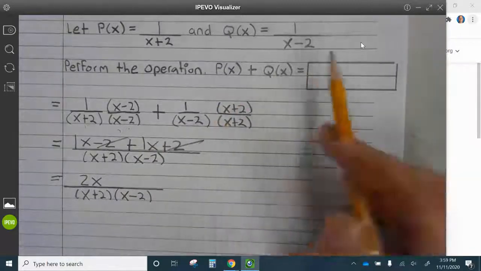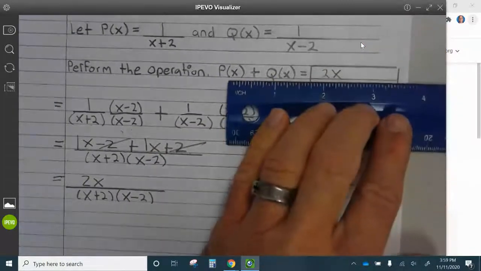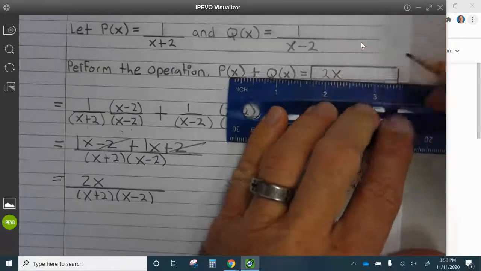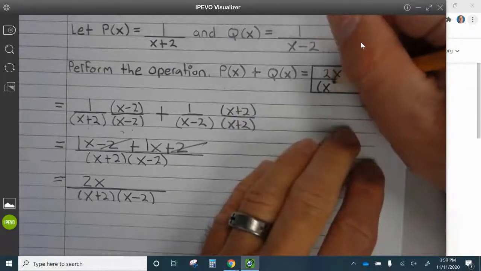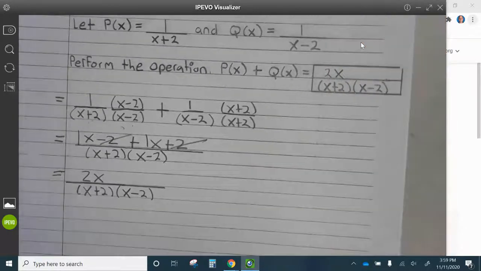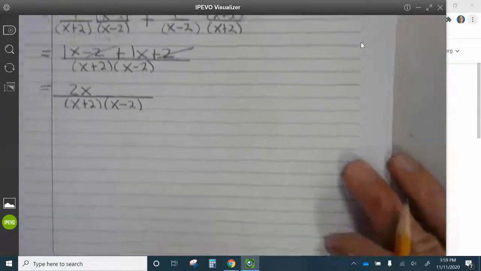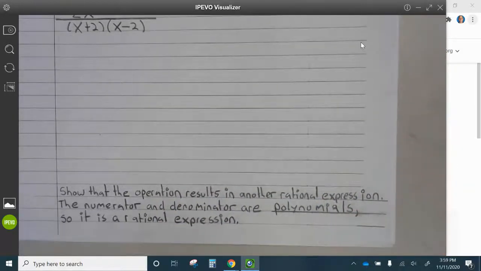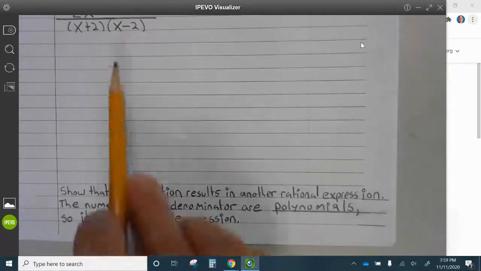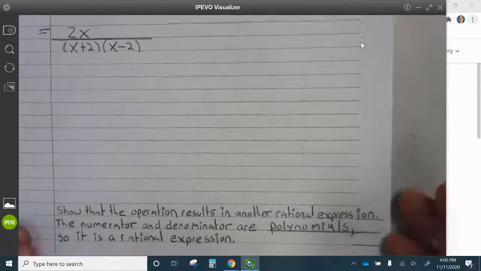So p of x plus q of x is 2x divided by x plus 2 times x minus 2. Okay. All right, so show that the operation results in another rational expression. The numerator and denominator are polynomials, so this is a rational function or a rational expression.